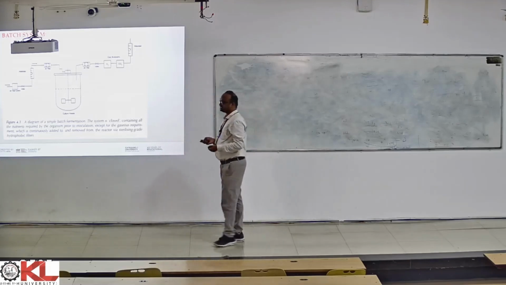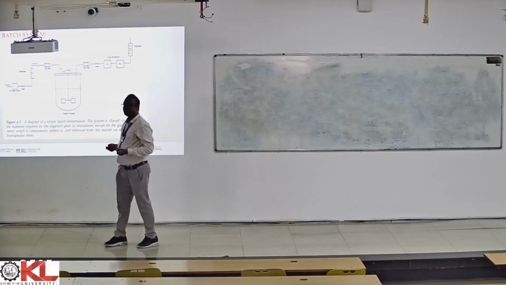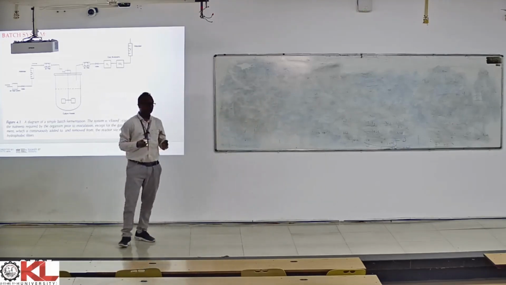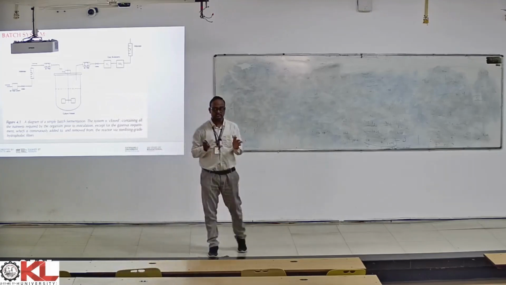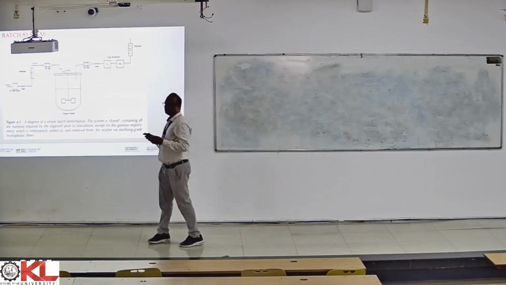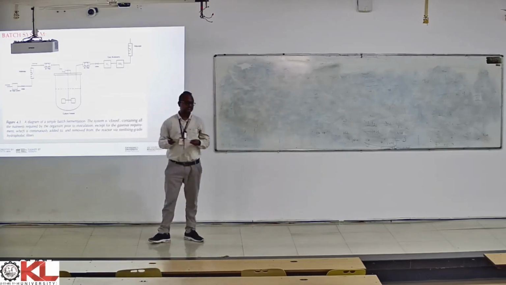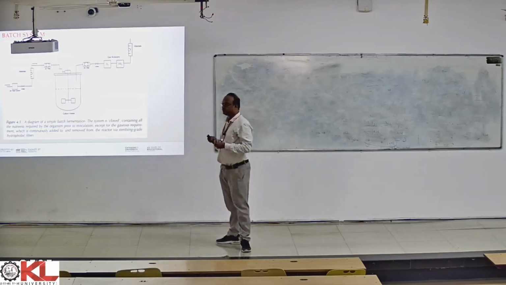So as I was discussing, the mode of operation of batch is a very simple process. We take a media which is going to be used for production, sterilize it and put it inside the bioreactor, and then we take the culture which has the ability to digest that substrate and produce the product.